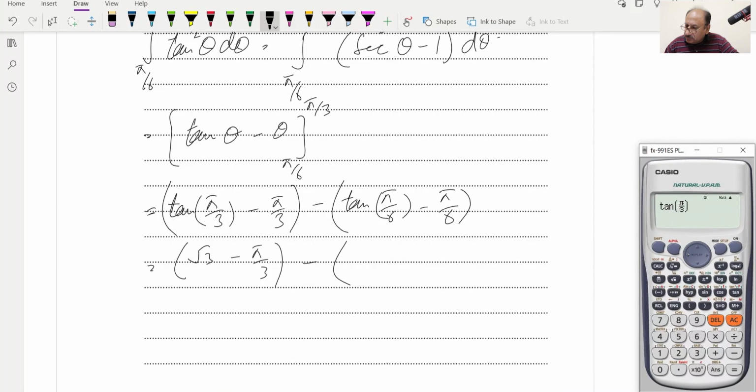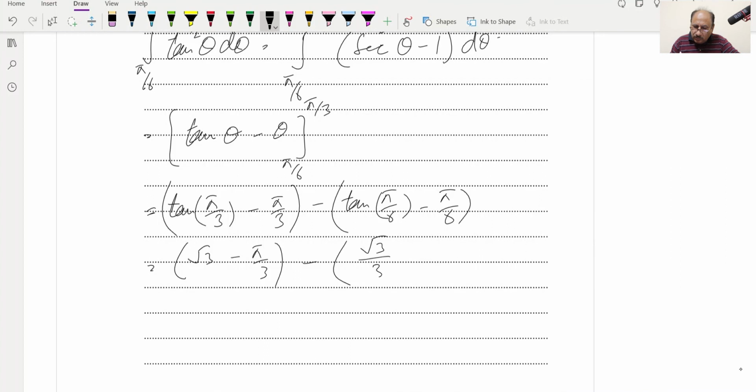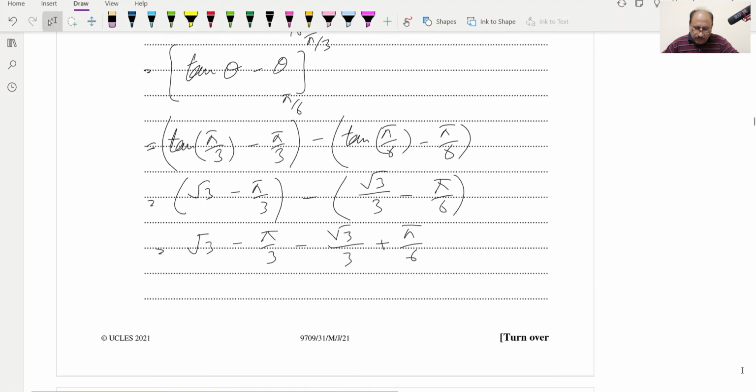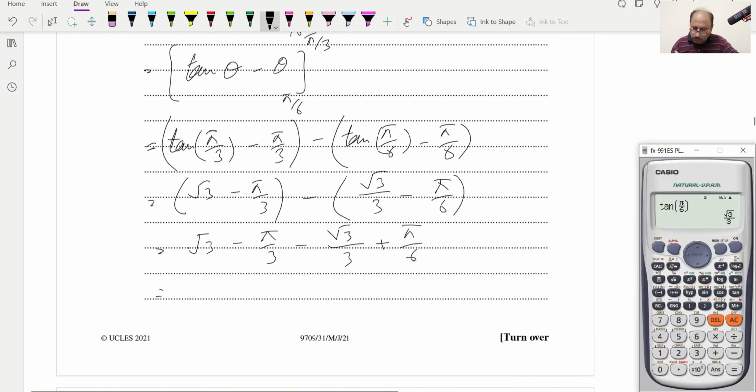Tan of pi by 6 is under root 3 by 3. So under root 3 over 3 minus pi by 6, and if we open the bracket, this will be pi by 3 minus under root 3 by 3 and plus pi by 6. Adding like terms, this will result in this one.